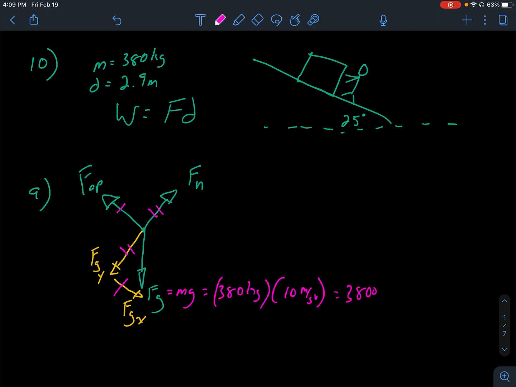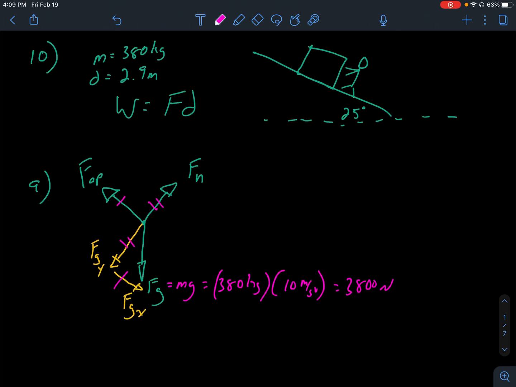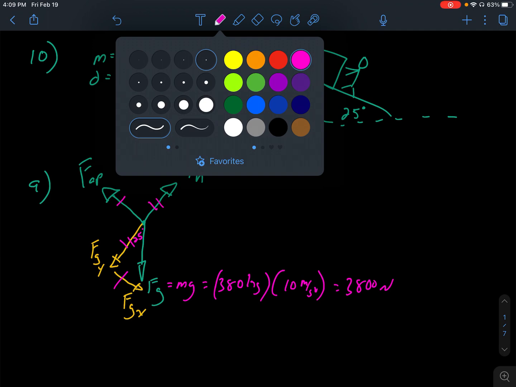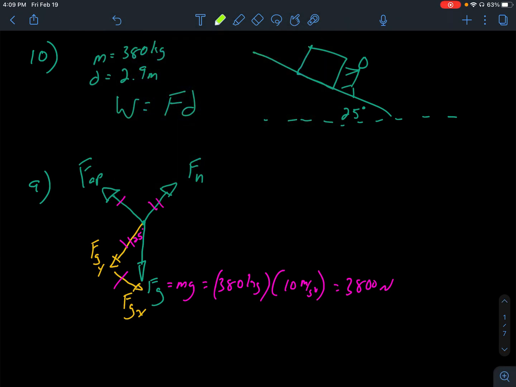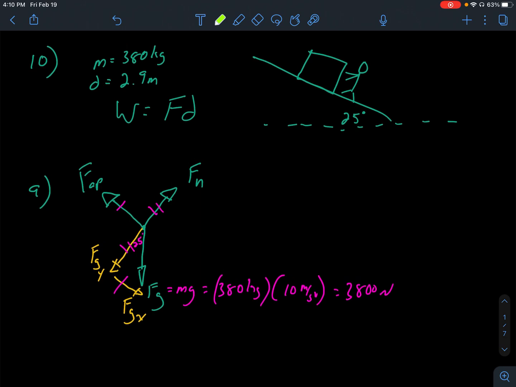So it weighs 3,800 newtons. I know my angle in here is 25 degrees. So I could start solving for things. To get the x component, the opposite side of my 25-degree angle, sine 25, sine is opposite over hypotenuse.